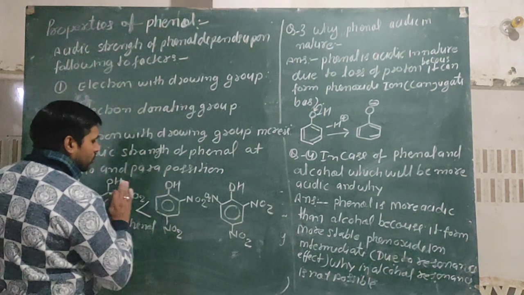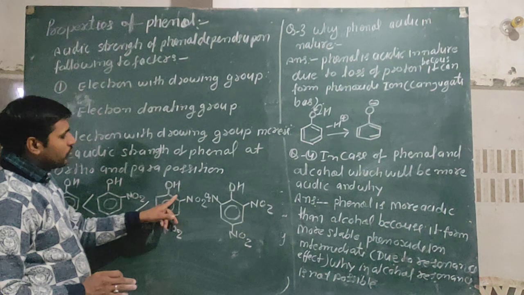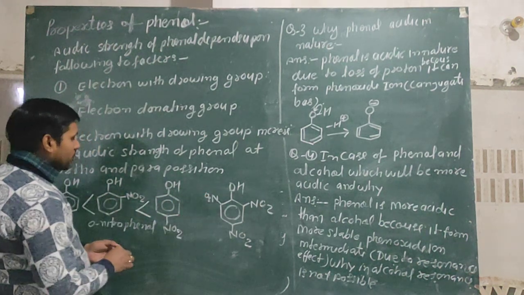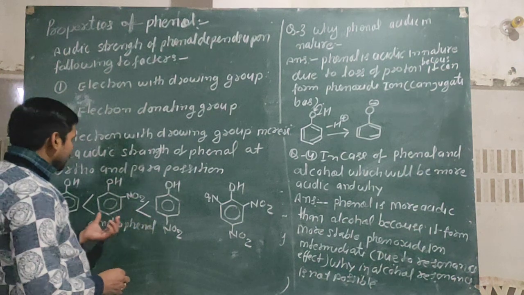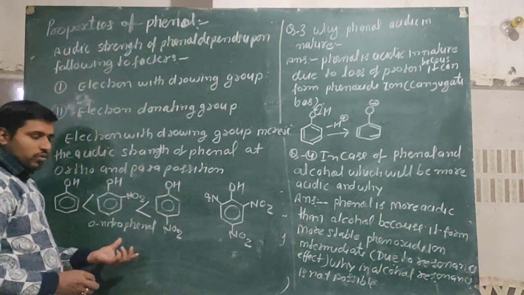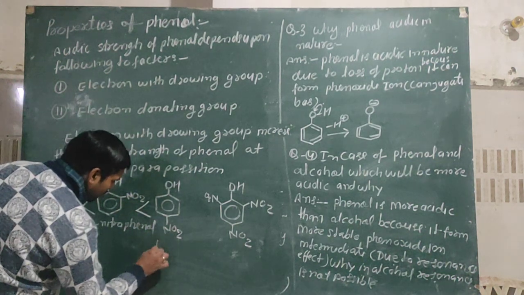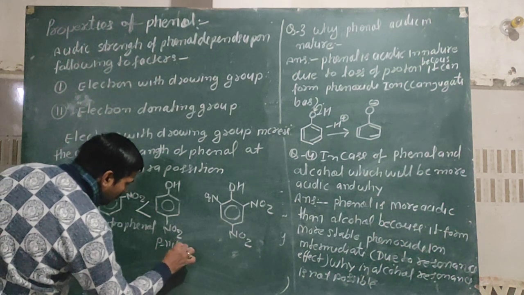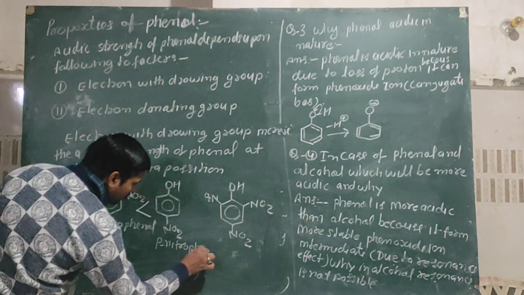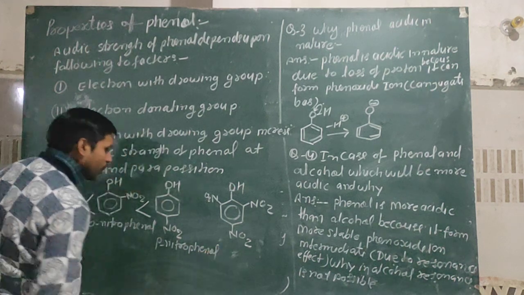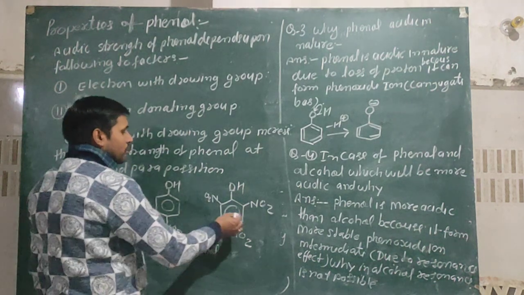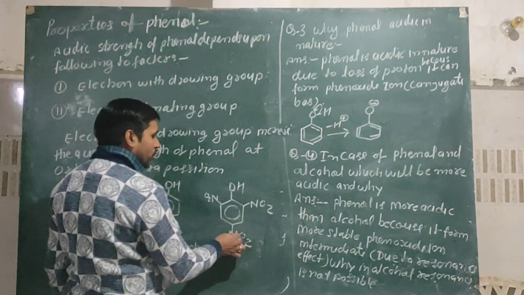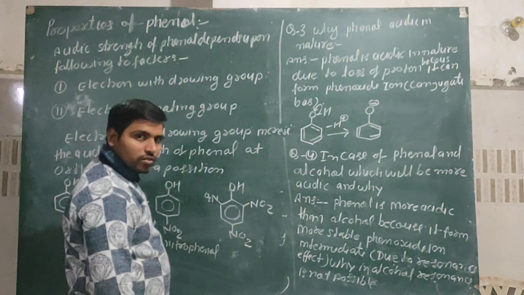If we remove the nitro group from the ortho position, then it is also more acidic as compared to orthonitrophenol. Okay, it is the para-nitrophenol. And in this structure, ortho and para nitro groups are present.